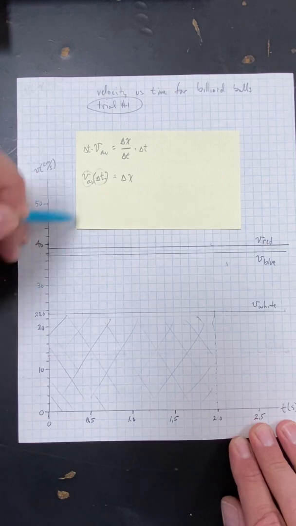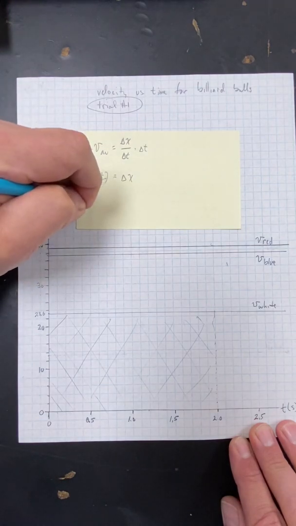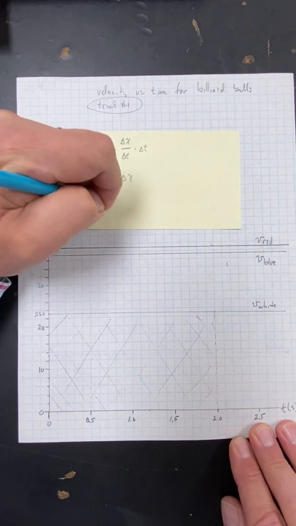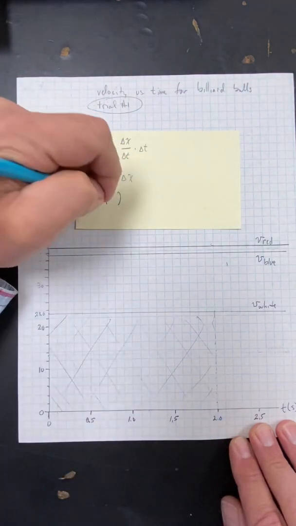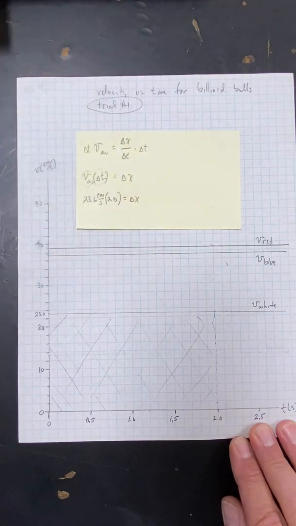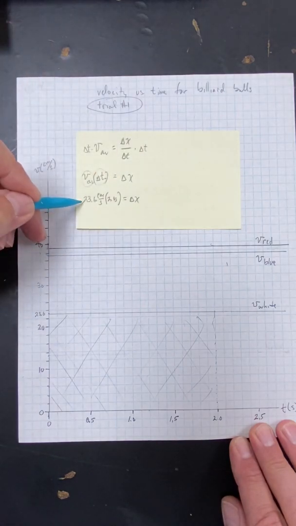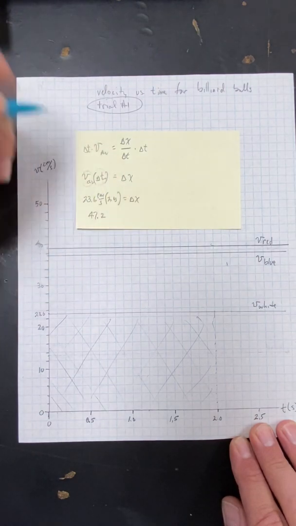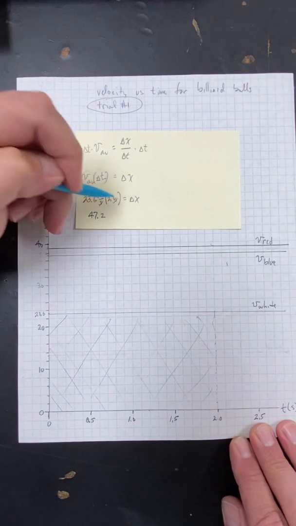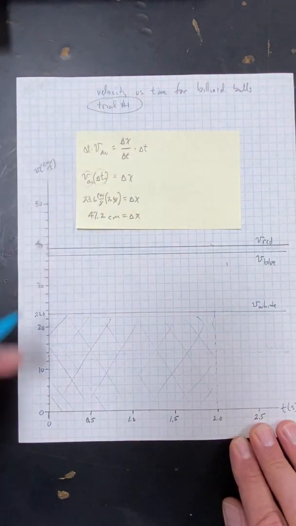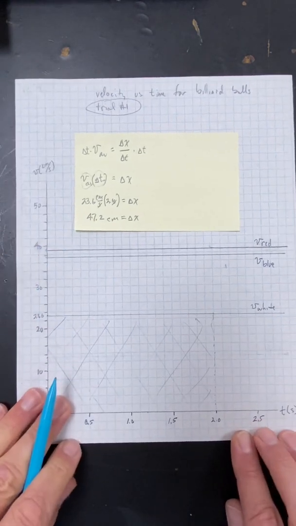So 23.6 times 2.0 seconds equals displacement. So 23.6 times 2, that'd be 47.2. Look what happens to the units. Centimeters. Here's what I would know.